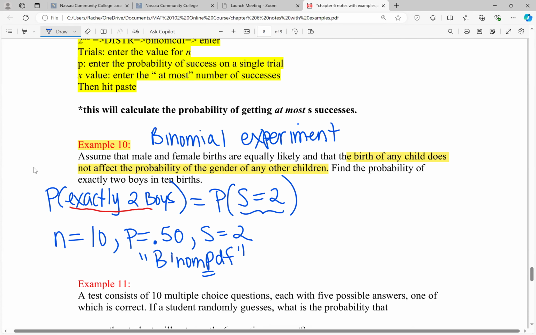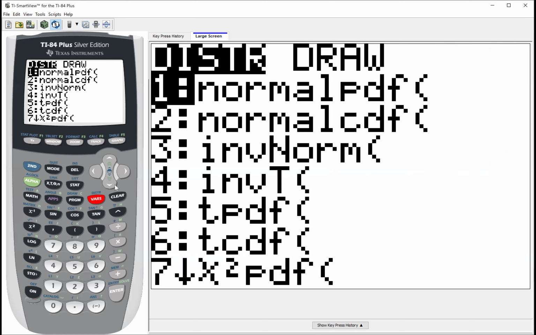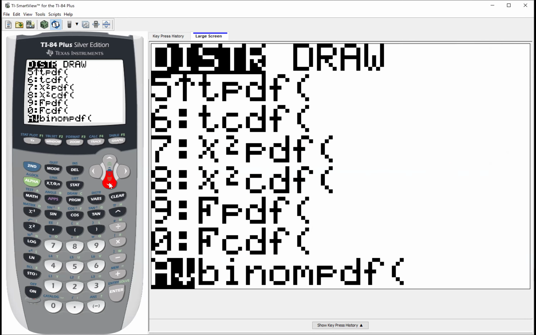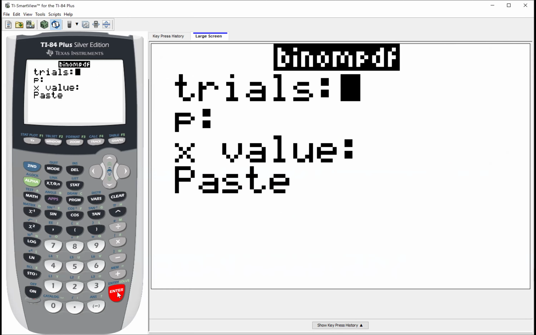So we're going to pull up binomPDF, so second and then the VARS key to pull up our distributions. We're going to scroll down to A, which is binomPDF. So there's 10 trials, N is 10, 10 births. P, the probability of a success or having a boy on any one birth is 1/2 or 0.5.